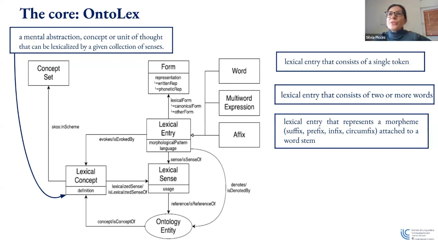The main purpose, well, this class, lexical concept, was mainly introduced to encode the synset of a WordNet. In WordNet, I don't know if you know, WordNet is a model based on the concept of synset, so a set of synonyms.